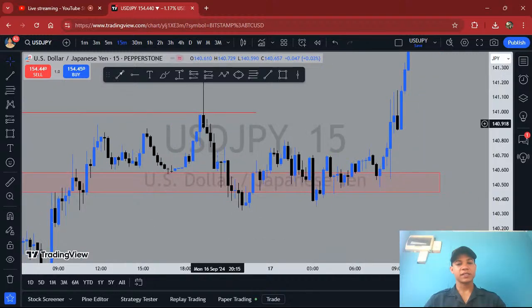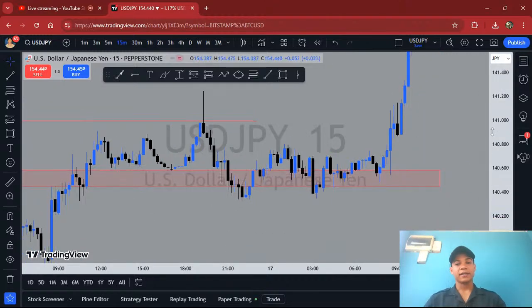So this is price creating the higher high, and this is price pulling back into this breaker block right here.